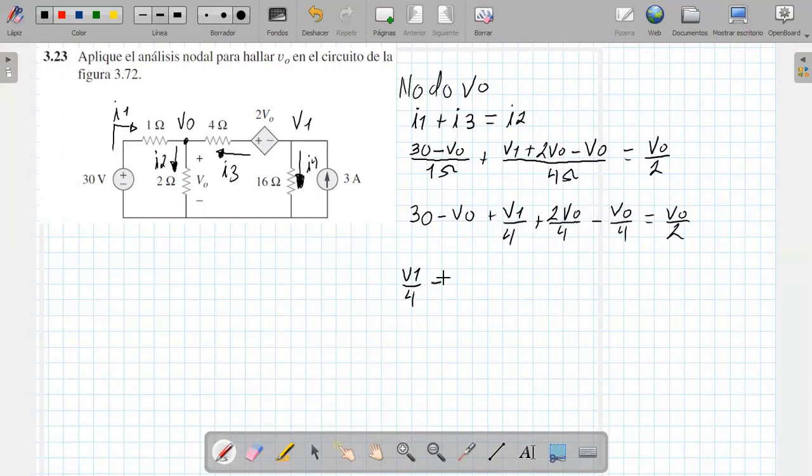If I add all that, it will give me minus 5/4 of V0, all of that equal to 30. On the other side it will be minus 30.